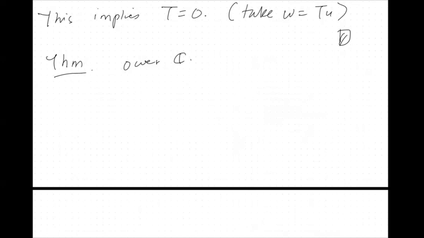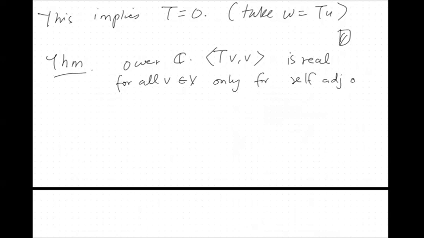So over C, the inner product of T v and v is real for all v only for self-adjoint operators.